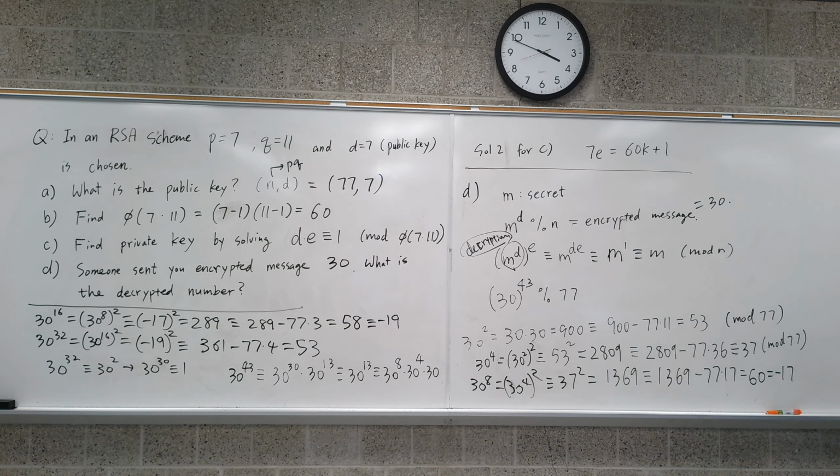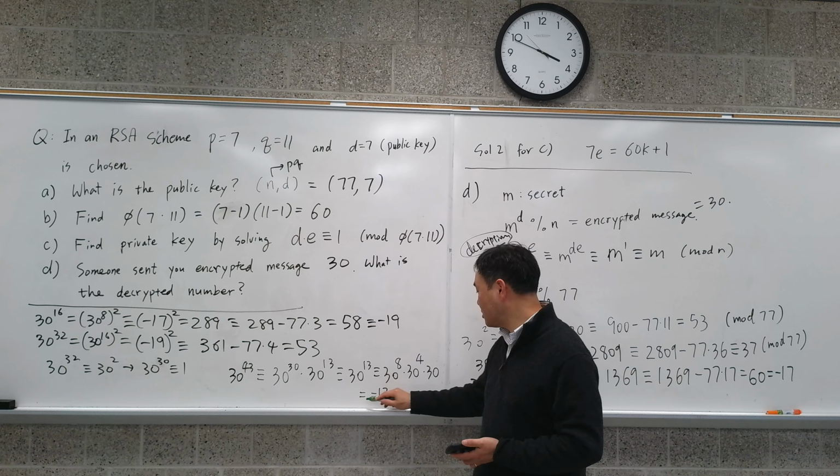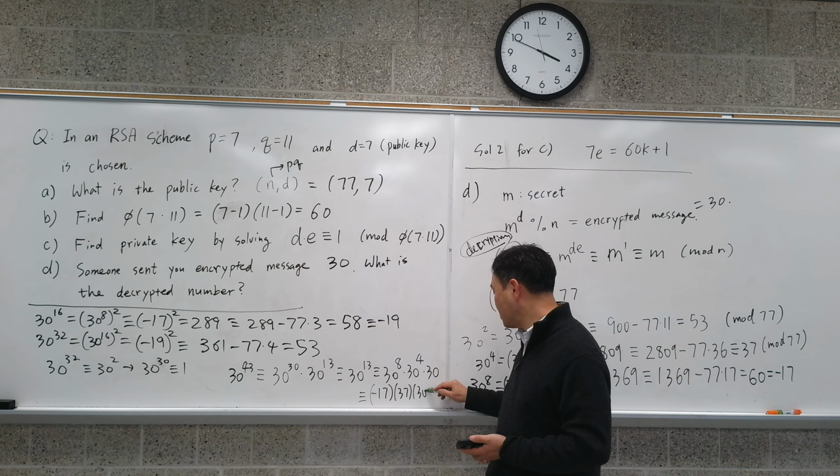And we know those values. 30 to the 8th power is negative 17. 30 to the 4th power is 37. So this is going to be negative 17 times 37 times 30.